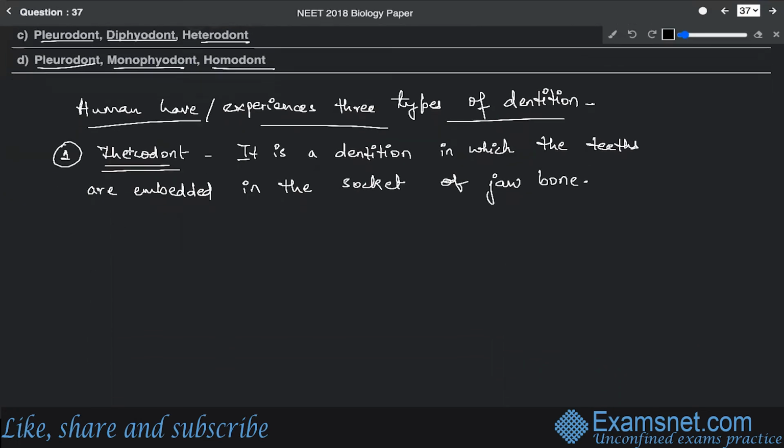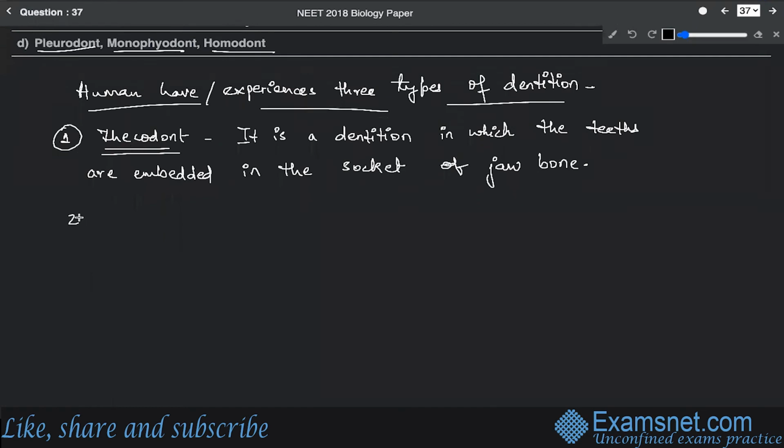Now the second type of dentition is the diphyodont dentition. This is a dentition in which humans experience two types of teeth in their entire life cycle.